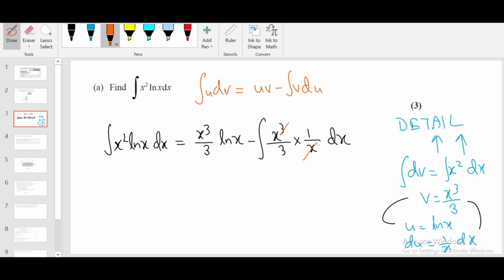If you cancel this x and x, it becomes x squared, so you can write it as x cubed over 3 ln x minus, when you integrate x squared, it becomes x cubed by 3. There is already 3 at the bottom, so it becomes x cubed by 9. Now put plus c. That's all.